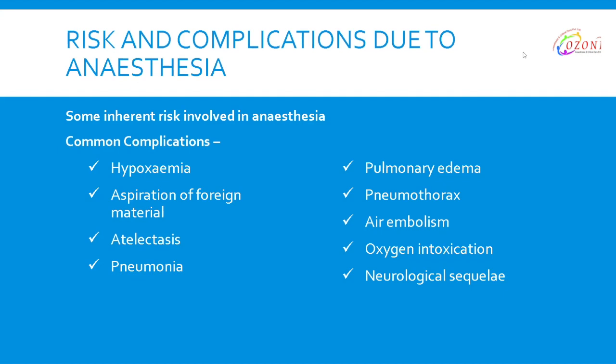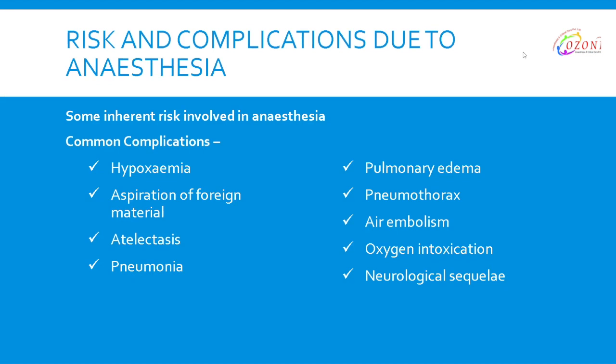So remember the different complications which might be associated with anesthesia, especially the common ones, like hypoxemia, possibility of aspiration of foreign materials in the respiratory tract, atelectasis, then pneumonia, then pulmonary edema.